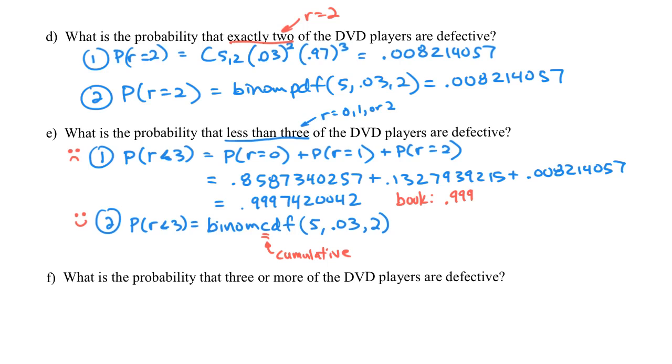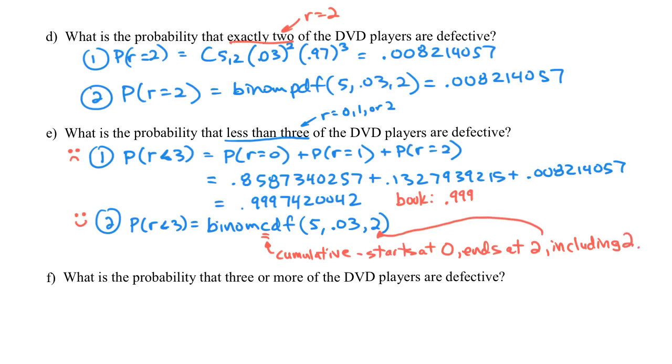The key is that cumulative starts at 0 every time, and ends at whatever you put. In this case it ends at 2, and the key is, including 2.